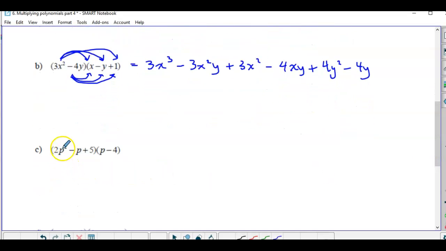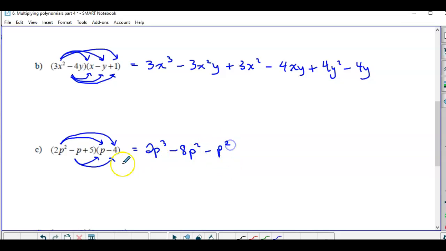Notice how in this one it's 3 terms times 2. You could rearrange it, or just take each term in the first bracket and multiply it by the second, so that would be 2p cubed minus 8p squared. Now the next term would be negative p times p is negative p squared, so subtract p squared.